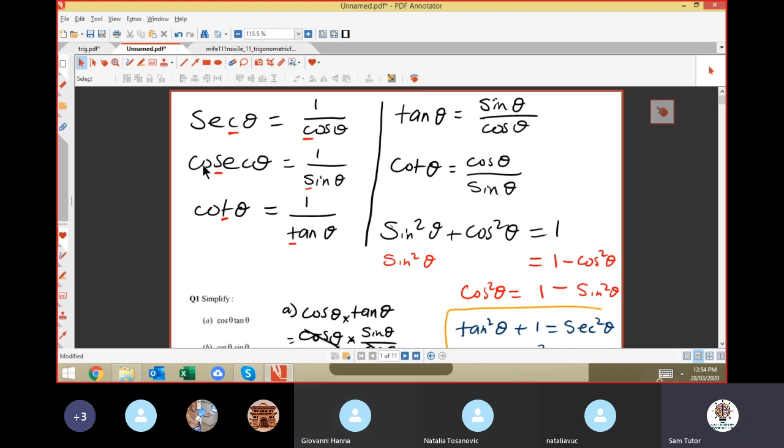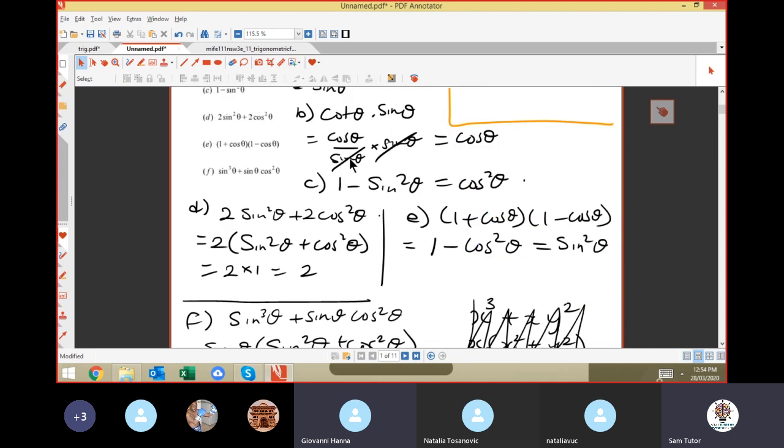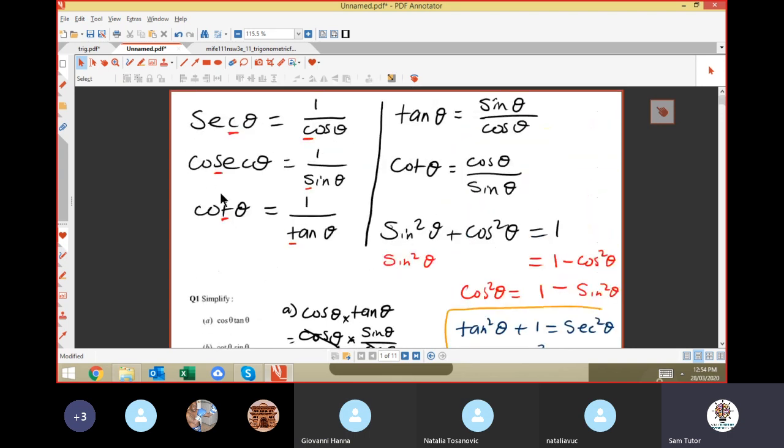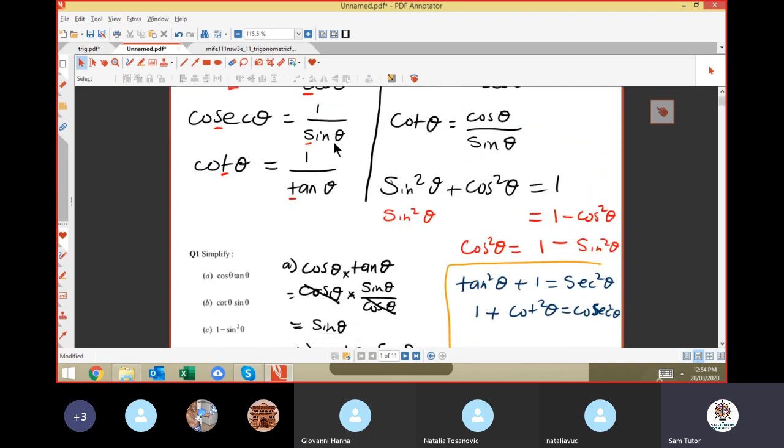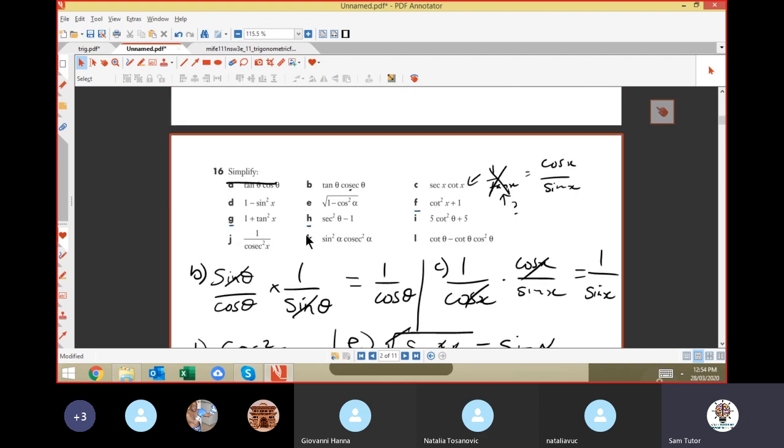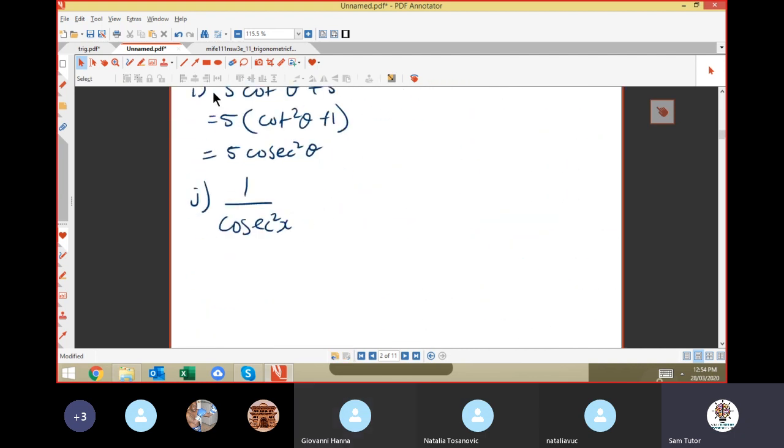Yeah, that's the idea. If this was sec cubed theta, this would equal 1 on cos cubed theta. So what we're going to use is this one here: cosec squared is 1 on sine squared. So this one here equals 1 on, what did I say? Cosec squared becomes 1 on what?